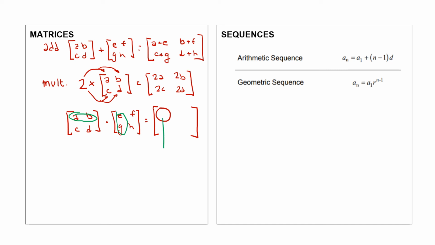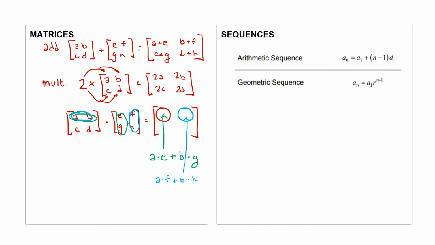And this term would have to be A times E plus B times G. And we can do the same thing for, let's say, the second item, where we have to look at the first row and the second column. So that would be A times F plus B times H.